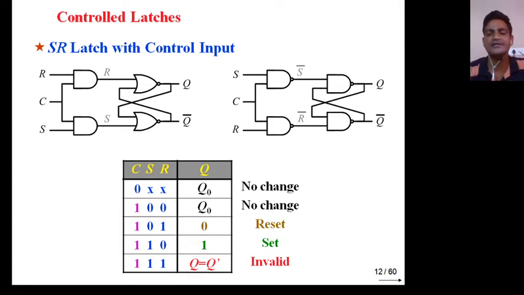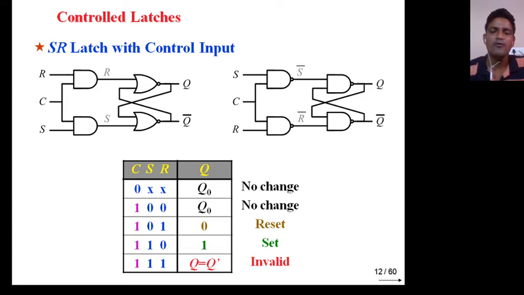controlled latch. Now you can ask, sir, why are we taking S here and R here? In this case we are taking R and S. Why? Because in case of NOR based latch, when the condition is 0 0, there is no change.